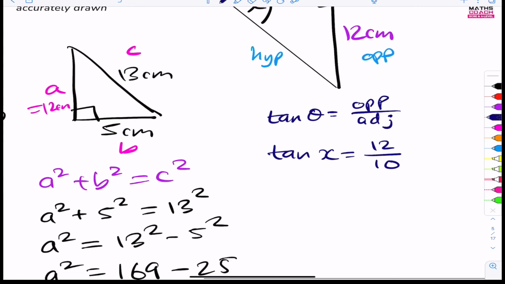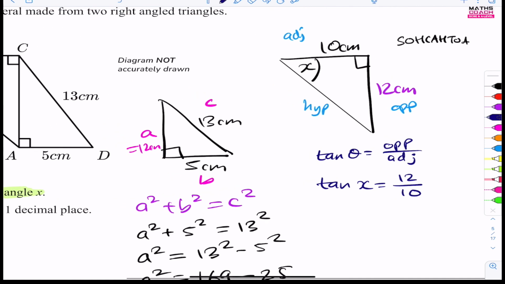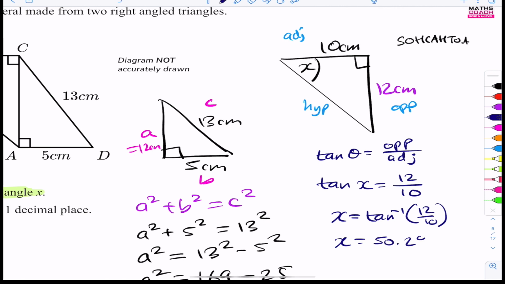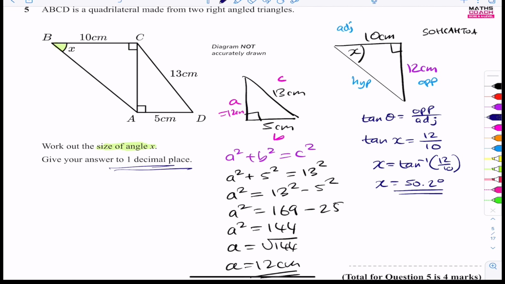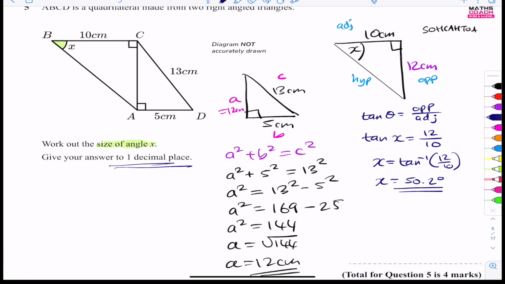Now when you're finding angles, you need to do the inverse. So x is going to be equal to the inverse tan of 12 over 10. And what's that give us? If you put that into your calculator, that gives us 50.2 degrees. And don't forget, that was rounded to 1 decimal place. So if you didn't round appropriately, then you wouldn't get the full marks, most likely.